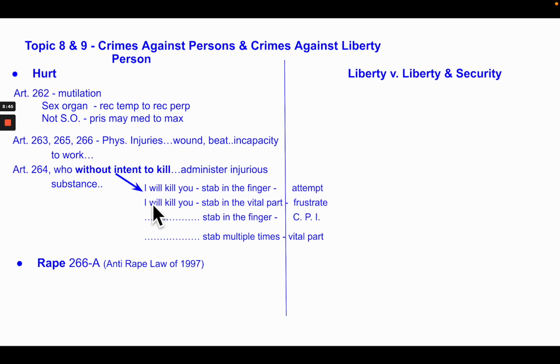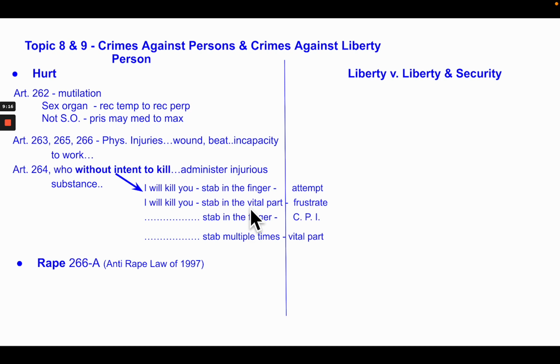All right, now contrast this. Let's again look at Article 6. It is frustrated when the offender performs all acts of execution which would produce the felony as a consequence. So the offender performs acts of execution. He says, okay, there's an intention, I will kill you, stabs the person, in fact hits the person in the vital part of the body which could have led to death.